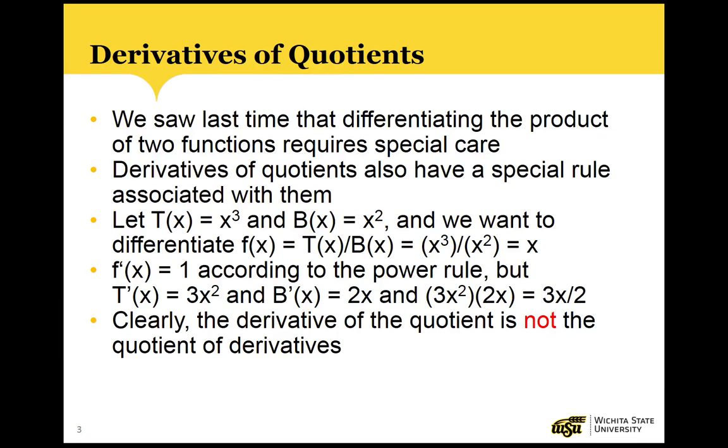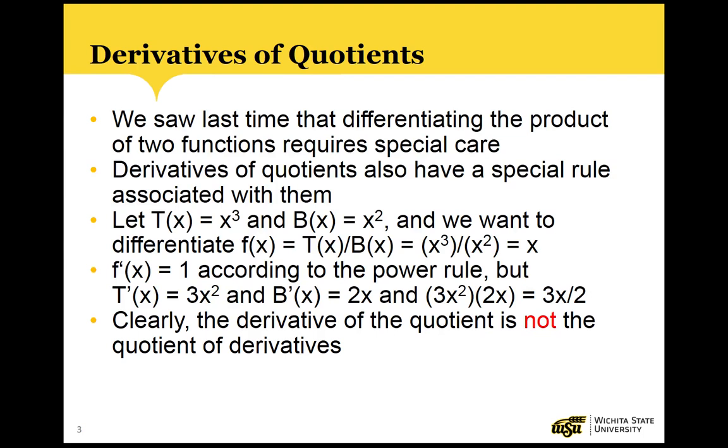If we have a function t of x equals x cubed, and a function b of x equals x squared, and we want to differentiate their quotient, the top function divided by the bottom function, we have x cubed divided by x squared, which is equal to x.